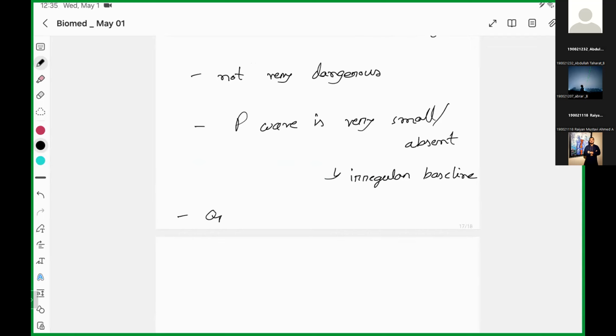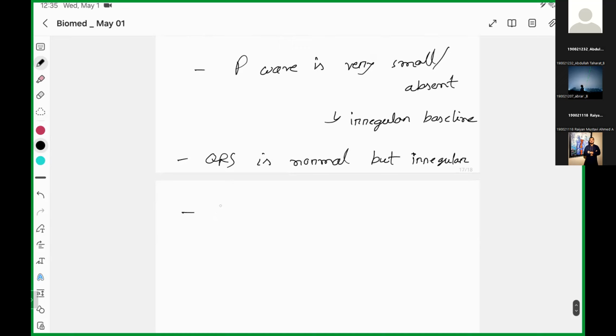Also, the QRS is normal, but a little bit irregular. In a standard process these things should be normal, with regular intervals, but the QRS will be a little bit irregular. And the BPM will vary. It can vary from 75 to 190, things like that.